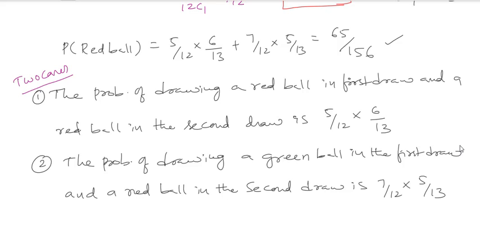So if I add those two things, you will have the answer. Am I right or not? So that is how you have to do the answer for this problem.